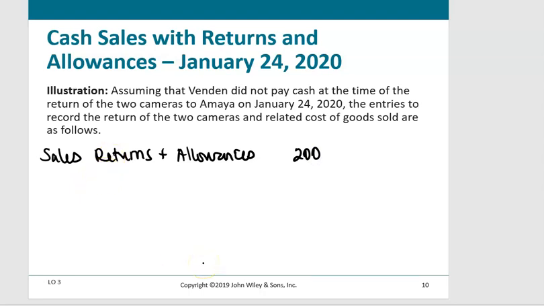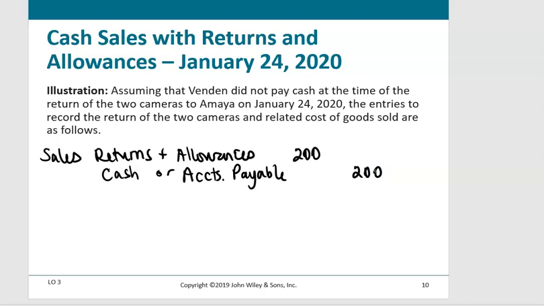Well, we need to return the cash to the customer. So either we credit cash here and return that cash, or we expect to. So we either have a credit to cash or we plan to return the cash in the future. So we owe cash, so we can similarly credit accounts payable if we're going to make that cash return in the future.